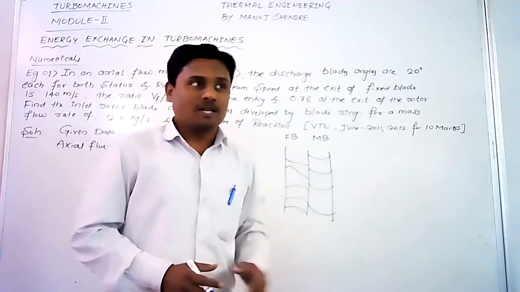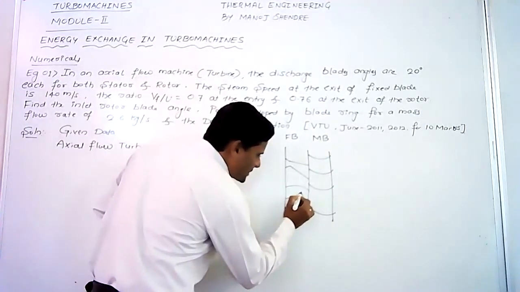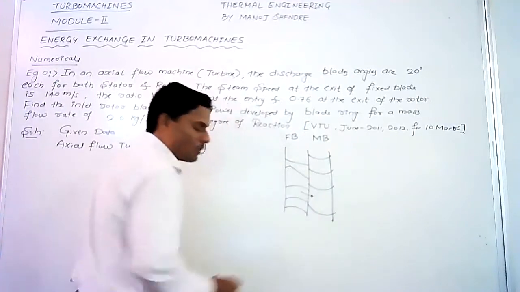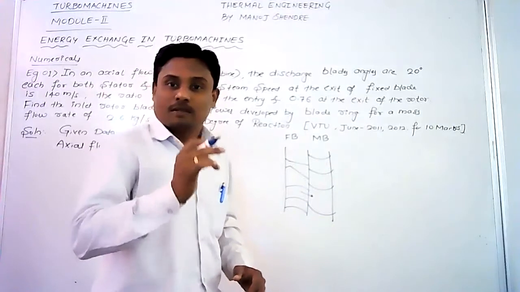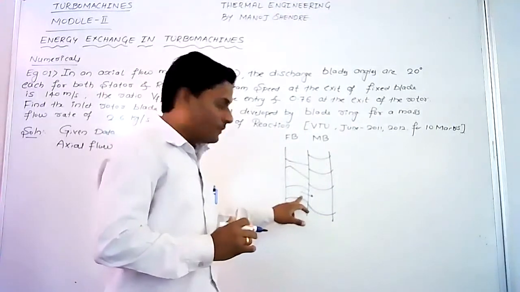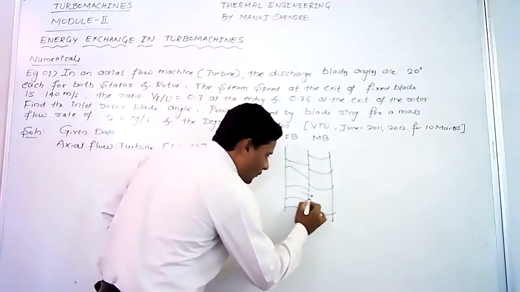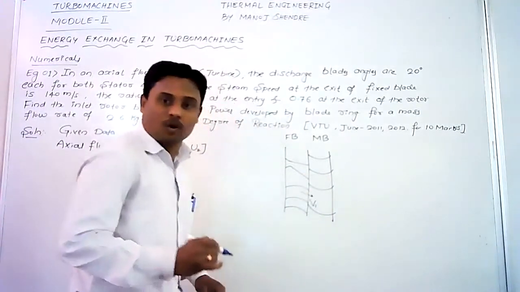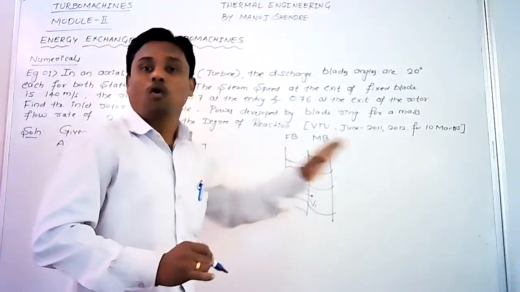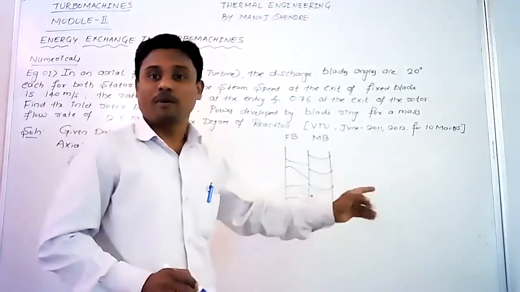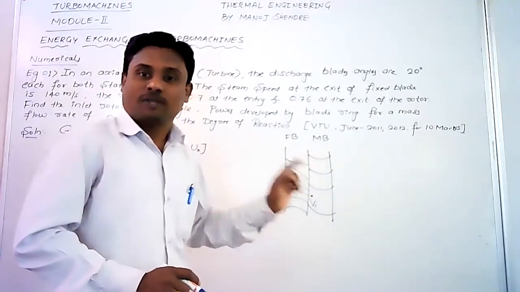The discharge angle is, when the steam is leaving the first set of fixed blades, I repeat, when the steam is leaving the first set of fixed blades with the velocity V1, V1 stands for the absolute velocity of the fluid which is coming out from the fixed blade.